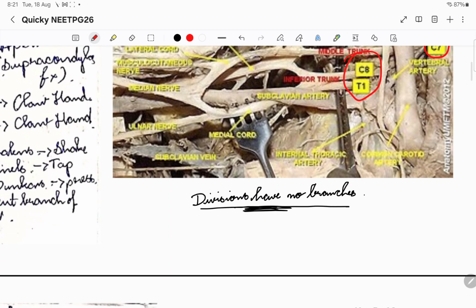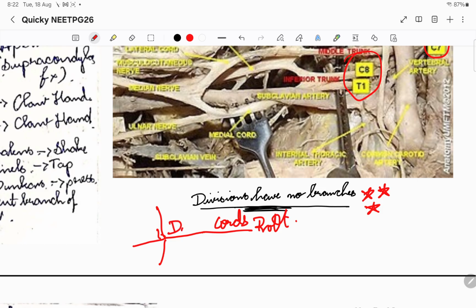The major thing they have asked in previous year exams also is that divisions have no branches. We had learned, right? The brachial plexus will be having roots, trunks, divisions, cords and branches. So the cords are there, the root is there, the divisions are there.